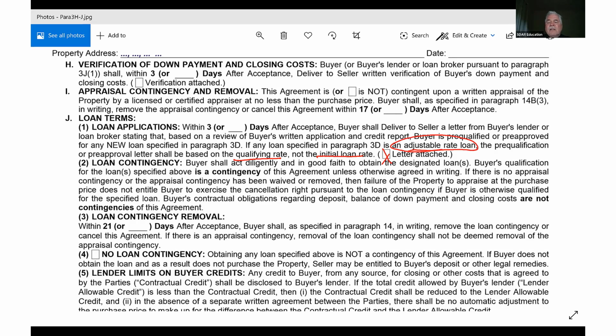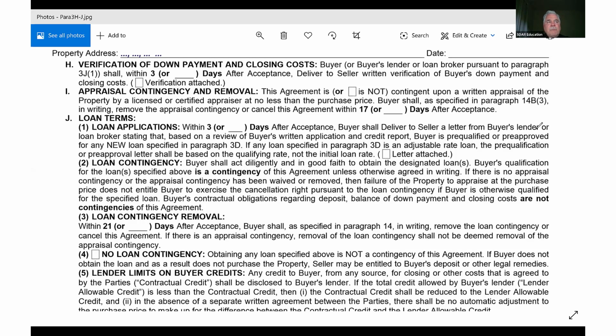Everybody good? Listen, you need to get in good with the lender. The lender is your friend. The number one reason transactions fail to close escrow is because the buyer couldn't get the loan. Bells need to be going off. It's not the physical inspection. It's not the repairs. It's the loan.